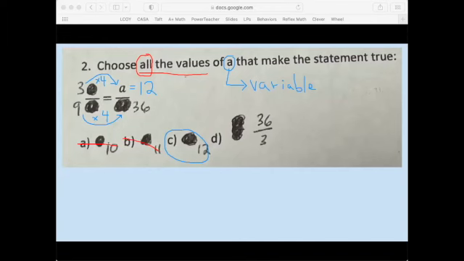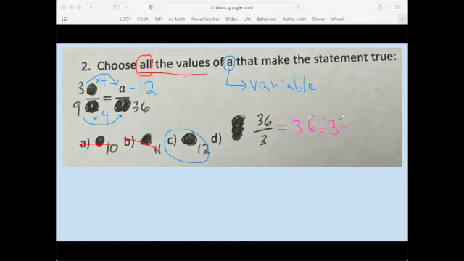Let's take a look at 36 over 3. We know from fifth grade that 36 over 3 can actually be written as 36 divided by 3. And 36 divided by 3 is the same thing as asking ourselves what times 3 gets us 36, because division and multiplication are inverse operations.